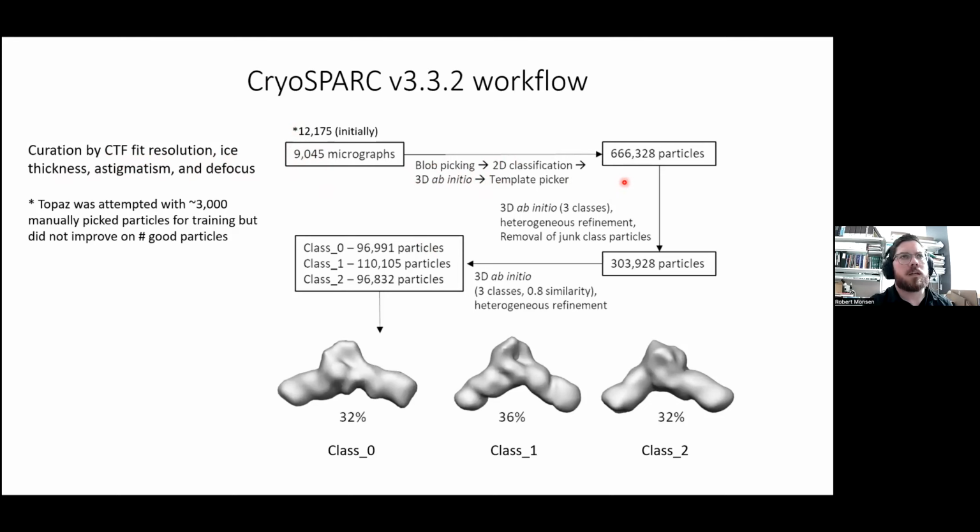From the 2D classifications of that output, there were about 666,000 particles in what seemed to be the good classes. These were then used in a 3D ab initio with 3 classes. With heterogeneous refinement, I removed the junk particles, which resulted in 303,000 final particles, and these all seemingly were good. I initially used these to build a final reconstruction using non-uniform refinement, but it really was featureless.